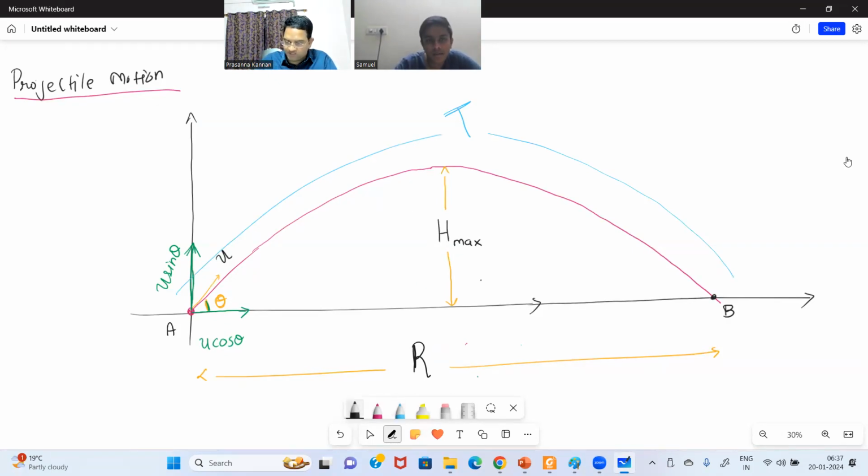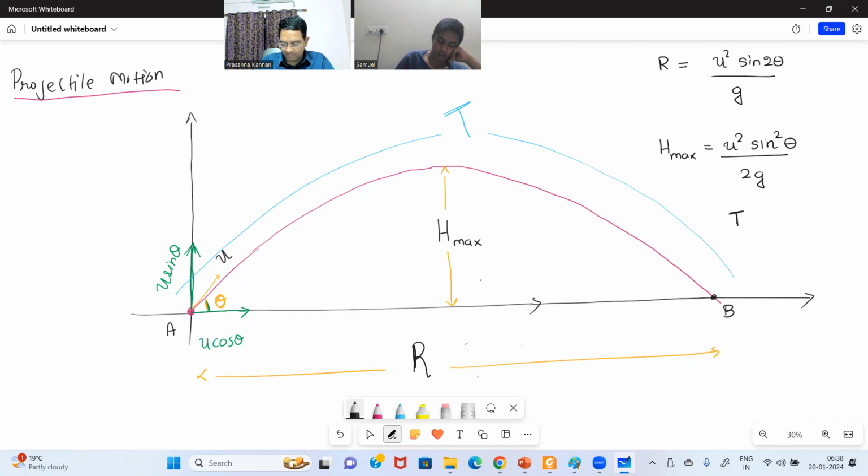So for all these expressions I'm going to give you, I'm sure you would have learned them. So horizontal range is u square sine 2 theta divided by g. Maximum height, h max, u square sine square theta by 2g.